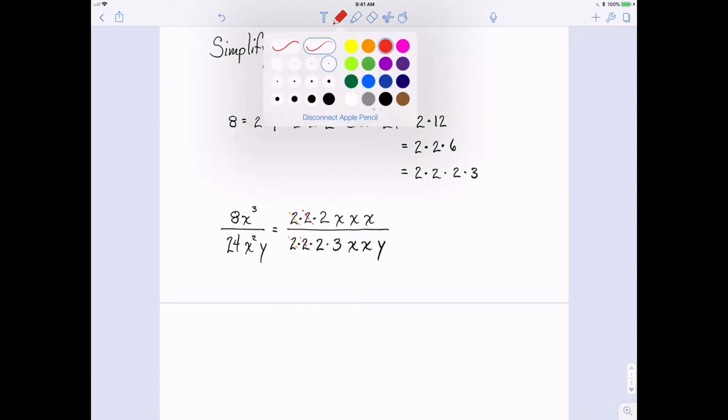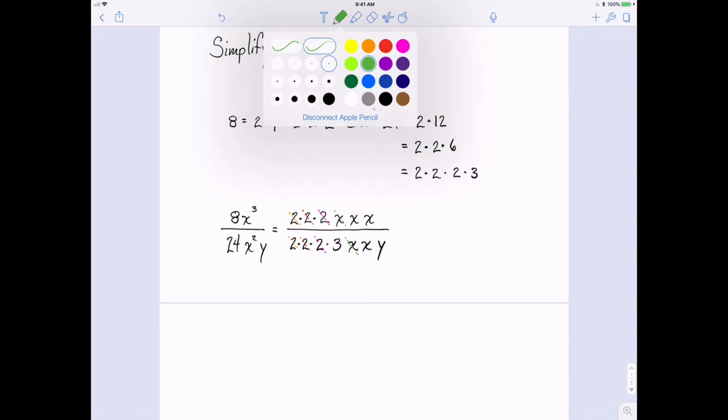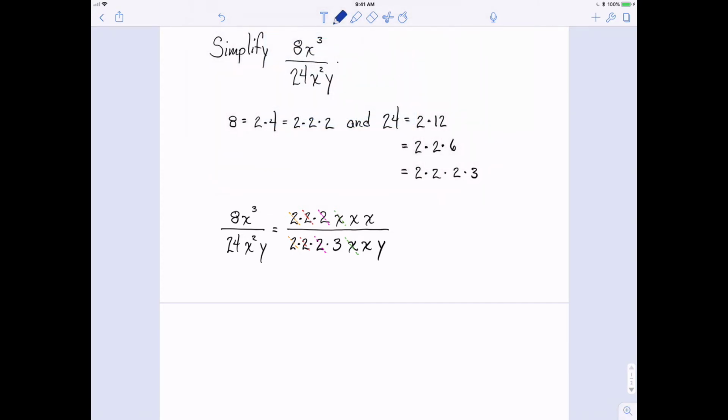And what else do we have here? We have a pink cancellation. This 2 can cancel with that 2. And notice that I have one x there and an x there. Those can cancel each other. Here's another x and yet another x to match it.